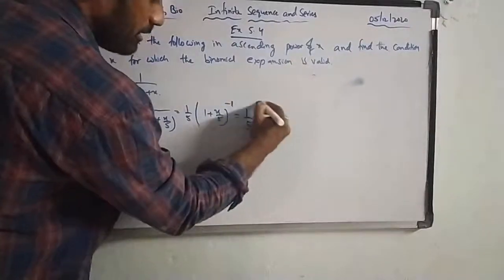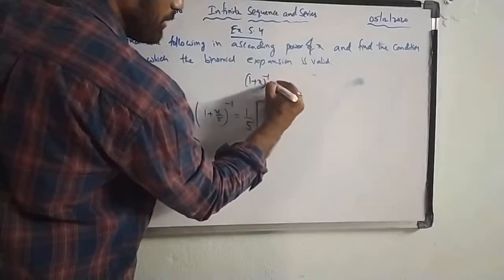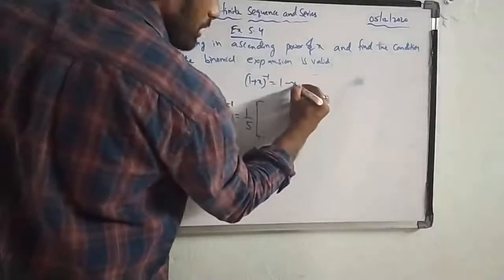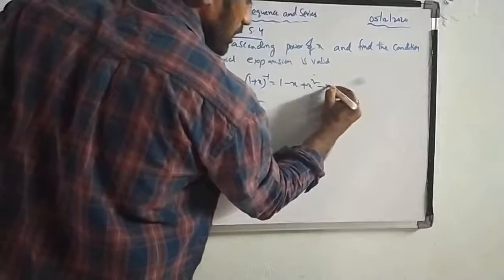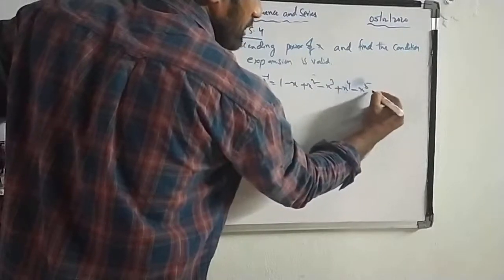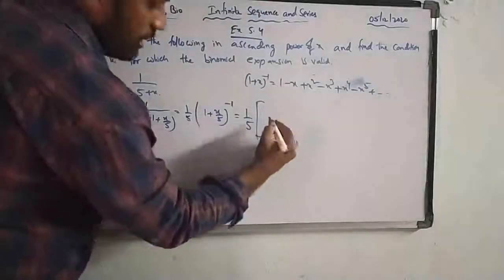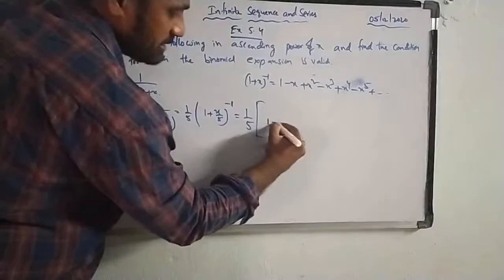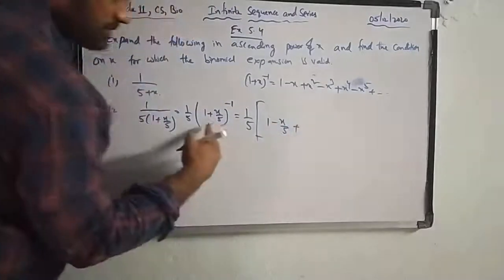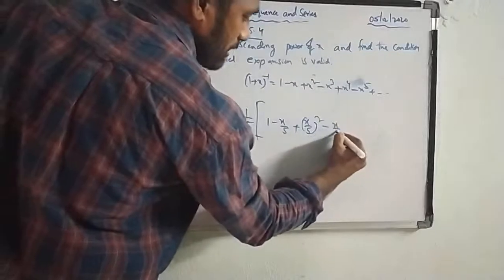So 1 by 5 I can take common. Now I can use the formula of 1 plus x whole to the power of minus 1, that is 1 minus x plus x square minus x cube plus x power 4 minus x power 5 plus so on. So this formula we are going to use: 1 as such, minus x by 5, plus x by 5 whole square, minus x by 5 whole cube.